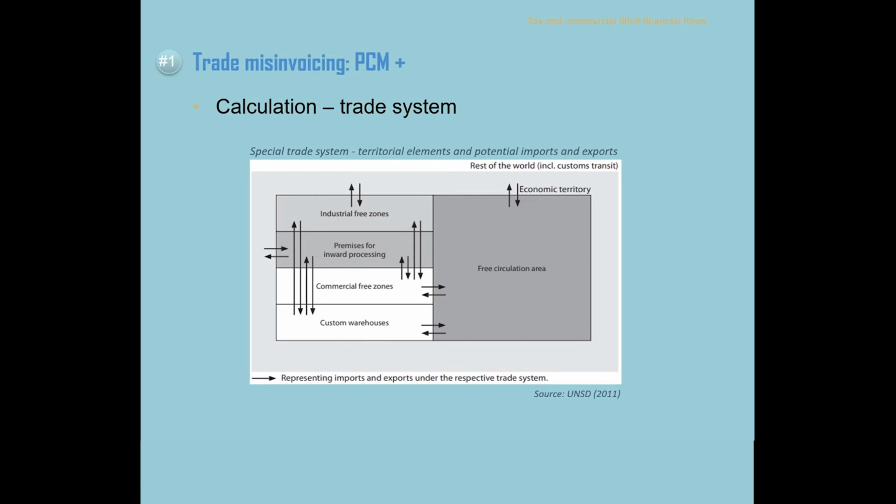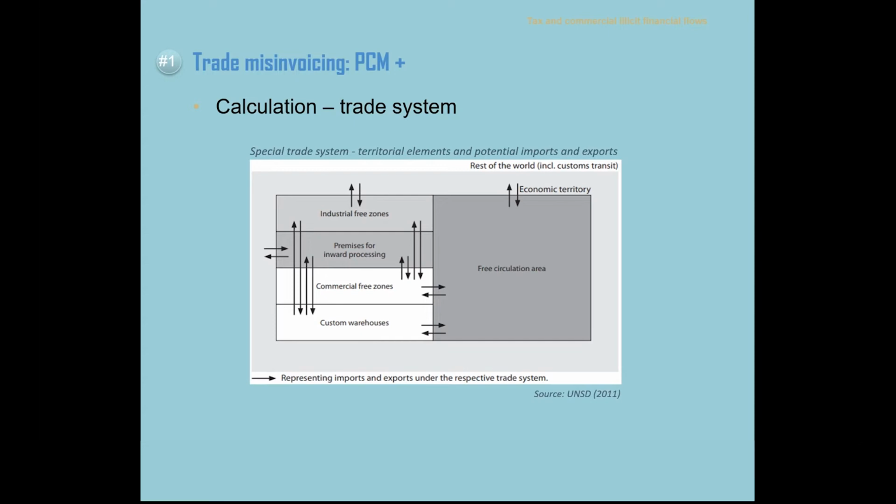Now, it is recommended that, of course, countries try and introduce the general trade system or apply it to their international trade statistics. Sometimes this is available, but in a few cases, of course, this may not be the case.